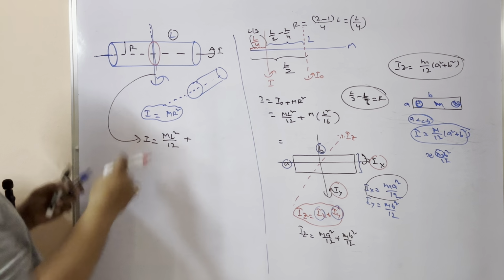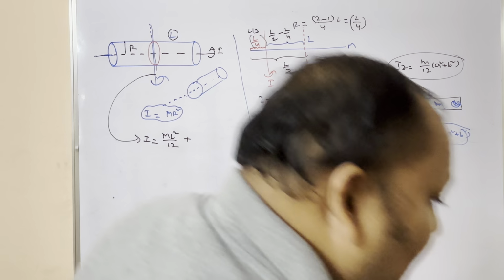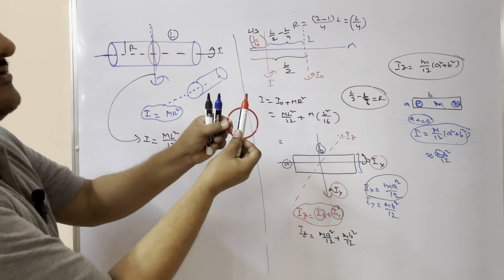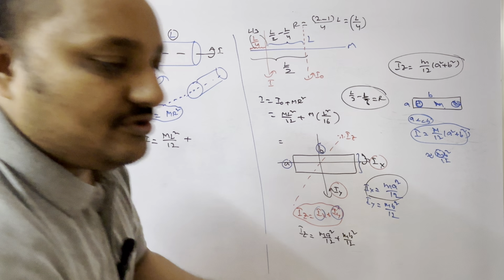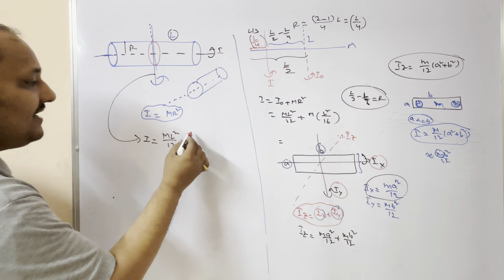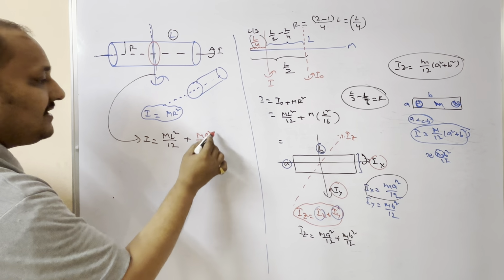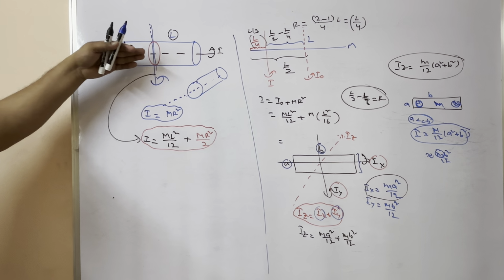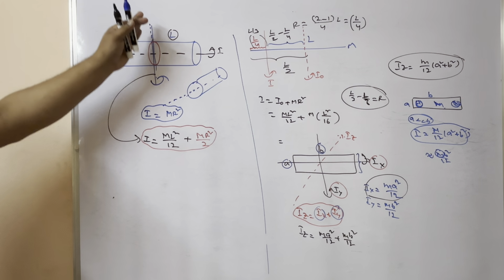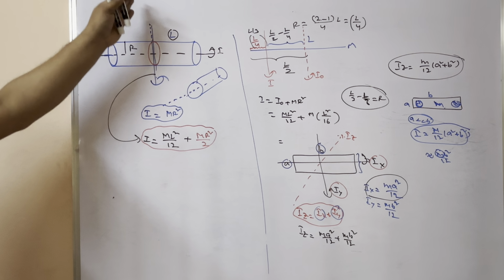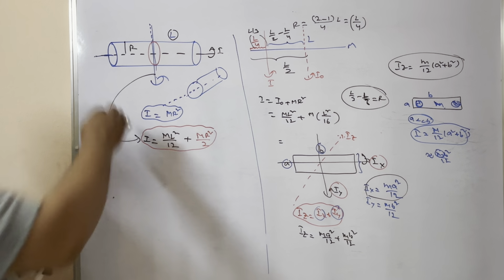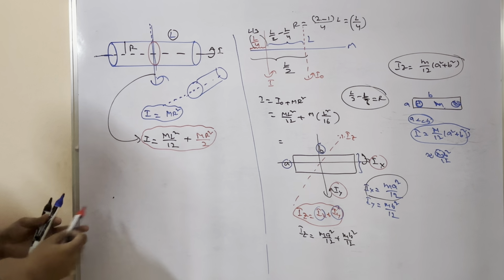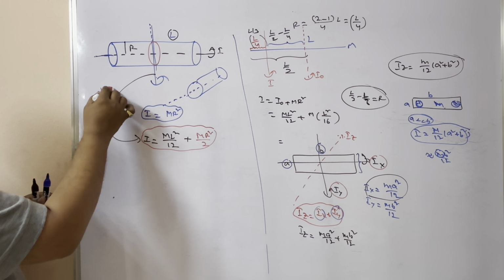About diameter for the ring, what we said to remember is m r square by 2. Therefore, you will be getting here m r square by 2. So this is the moment of inertia of the hollow cylinder passing through center perpendicular to its length. About its own axis it is like a ring, therefore m r square. Next, this is for the hollow cylinder.